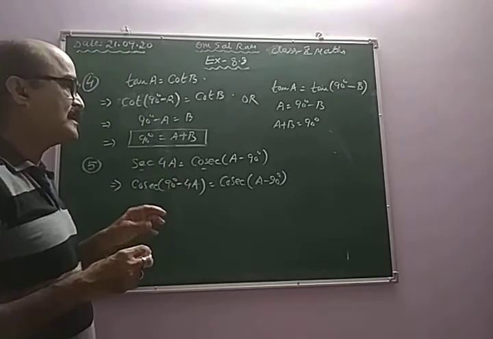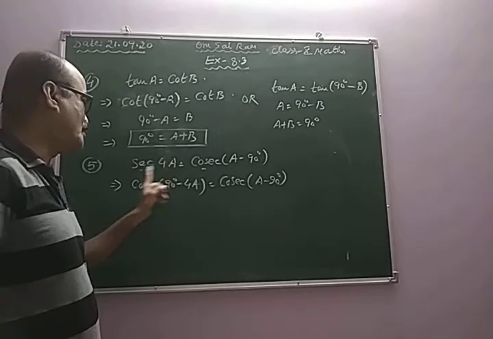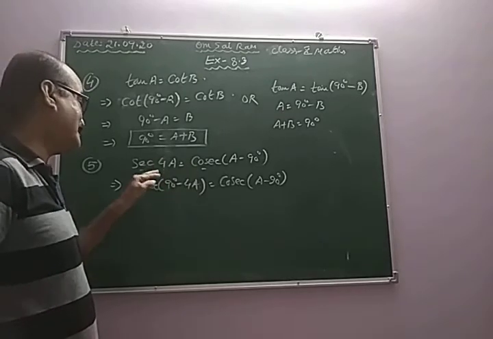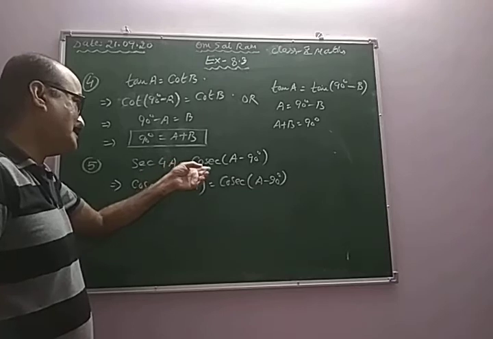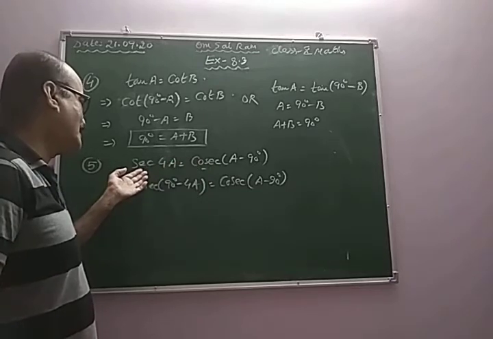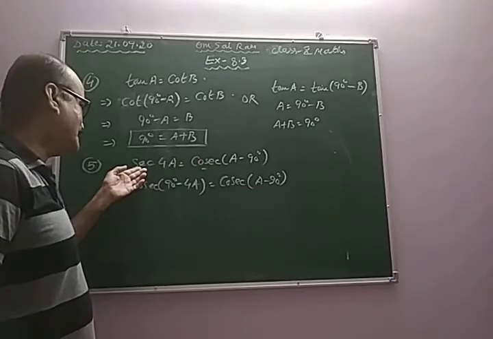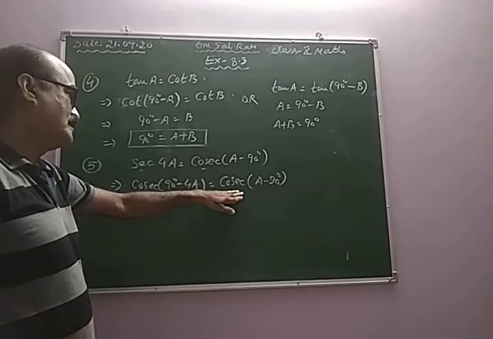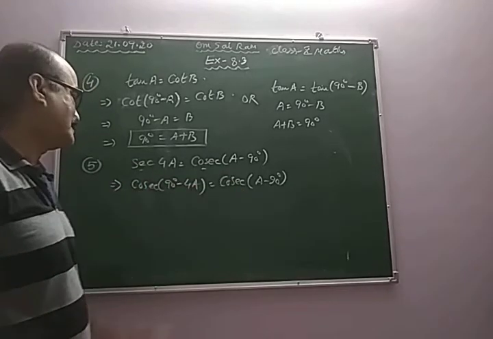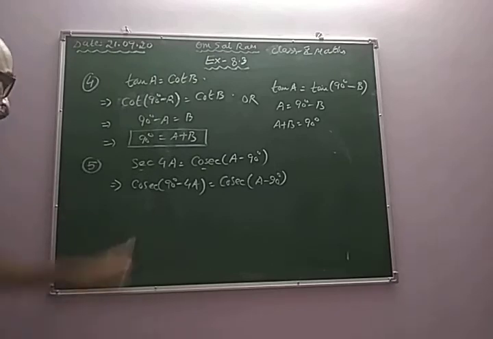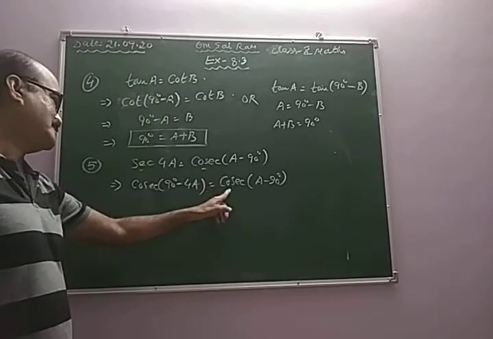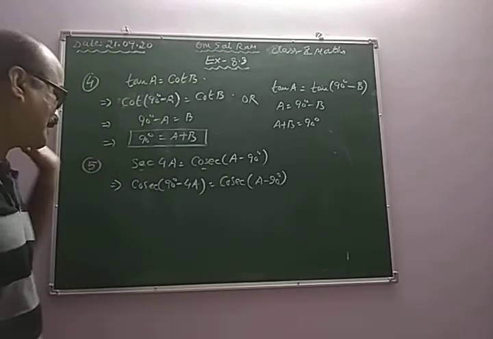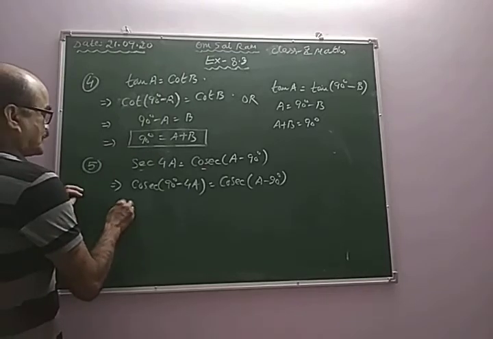Our main motto is to equalize both sides. Equalize the angle, means suppose here cosec, then you can also have cosec here, or suppose here sec, then you can also keep this as sec or cosec. Both sides this ratio must be the same.